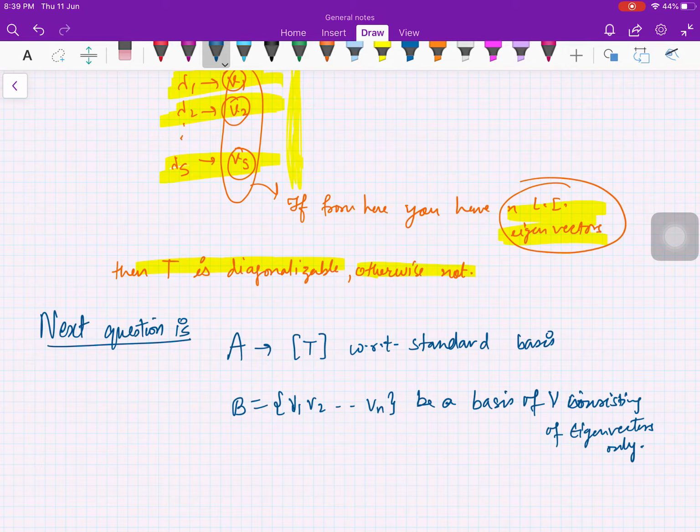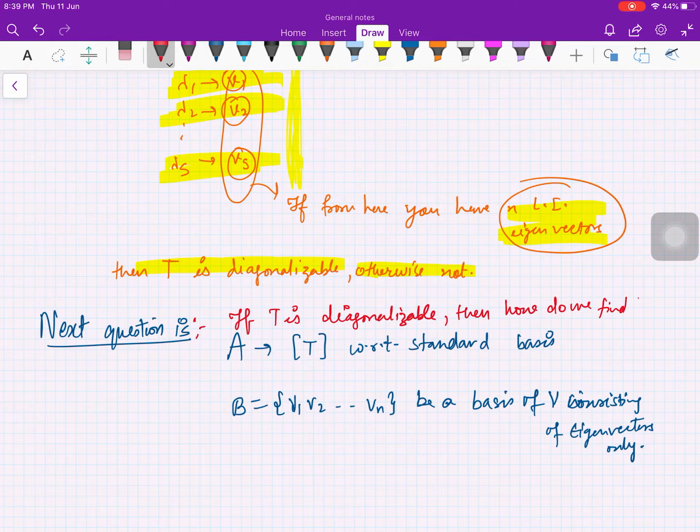So this is the case when T is diagonalizable. Next we ask: if T is diagonalizable, how do we find the diagonal representation of T?